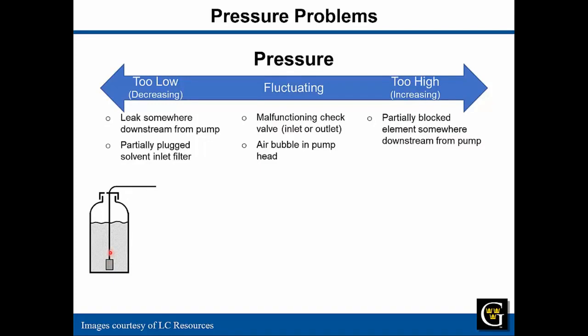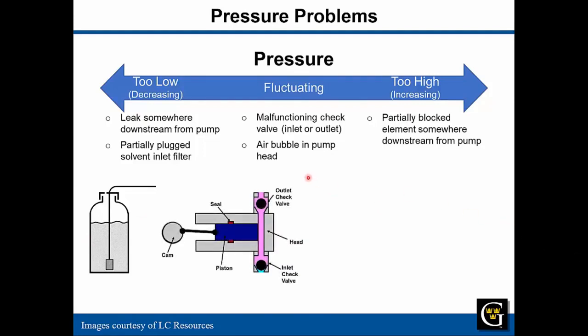And if this happens, basically the pump becomes starved for mobile phase and it won't be able to deliver the flow rate we expect through the column, and therefore the pressure we will see will be lower than we expect. Of course, if there's a leak somewhere downstream from the pump where the pressure is measured, then that can also result in a pressure that is lower than we expect.